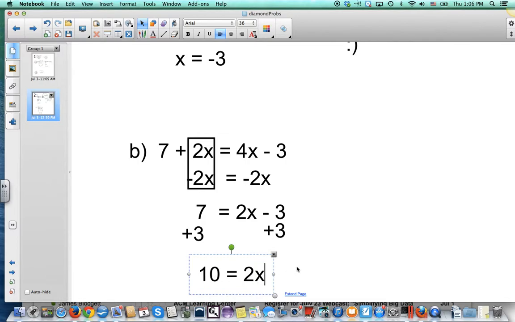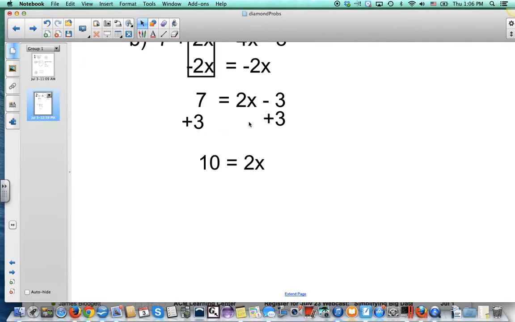If I couldn't figure that out, I could think of a couple different ways. I could say, well, half of 10, or I could just do it algebraically and divide by 2. It doesn't matter at this point which method you use, as long as you can figure it out. So the final answer is that x equals 5.